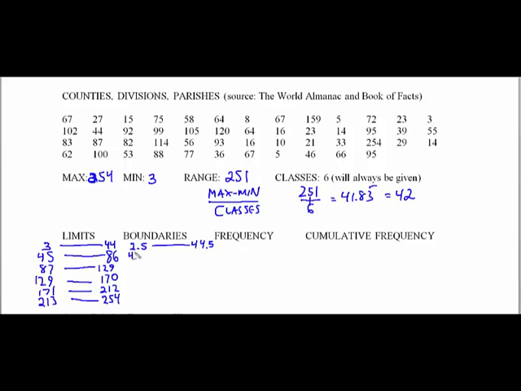So if we go down from 45 to 44.5, there we go, and this up to 86.5. 87 down to 86.5, 129 up to 129.5. 129 down, 170 up. So these are all being dropped by 0.5, and they're all being, that should be 128.5, not 129.5. Sorry about that.